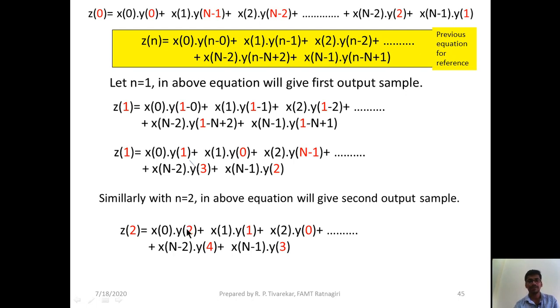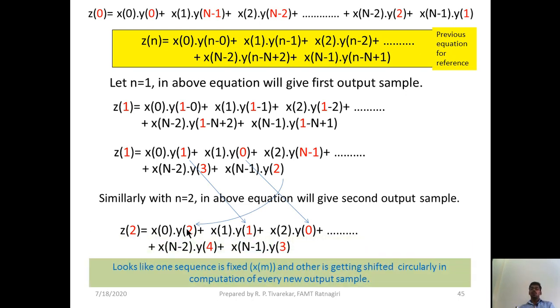So it's like this. Okay, so it appears as if one sequence x of n is fixed and the other sequence is getting shifted circularly in the computation of each new output sample.